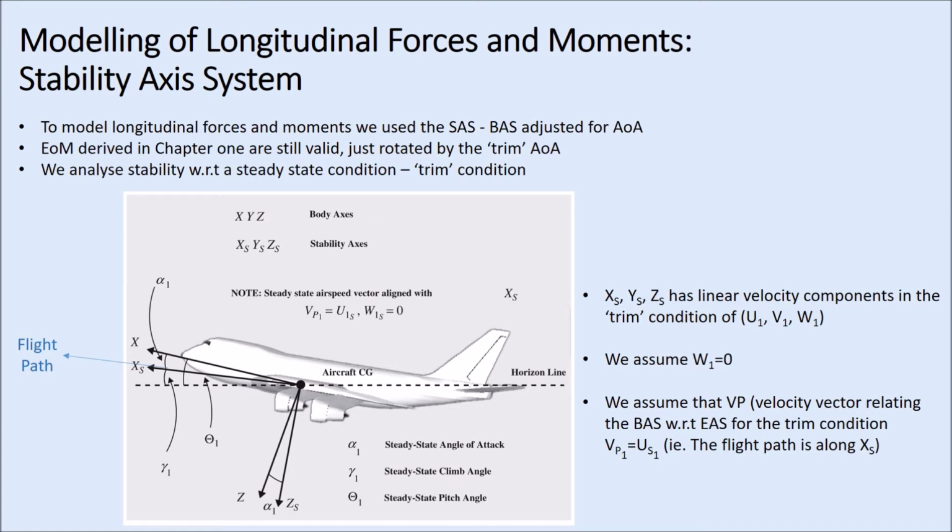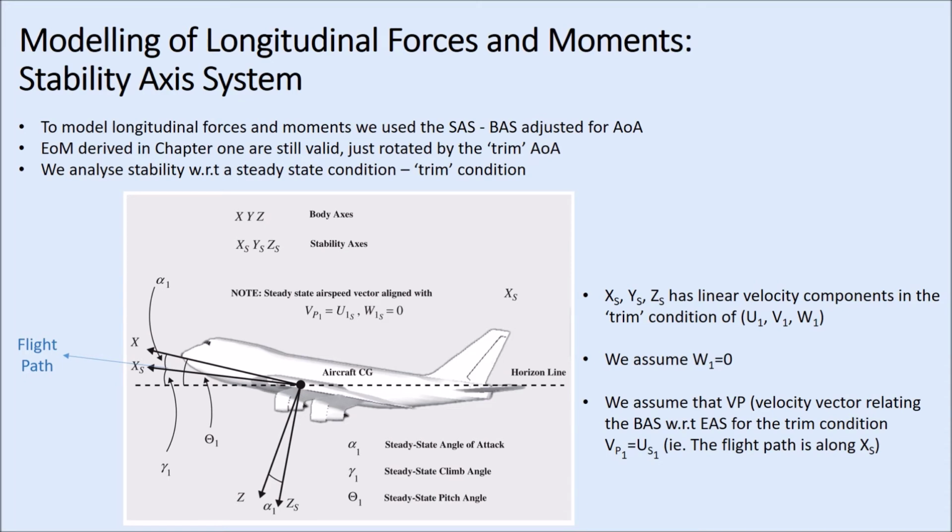In the stability axis system, the trim velocity has components u1, v1, w1, and so we assume that there's no velocity in the z direction, right? Because we've rotated the axis system, so we're not ascending or descending with respect to the z sub s axis.